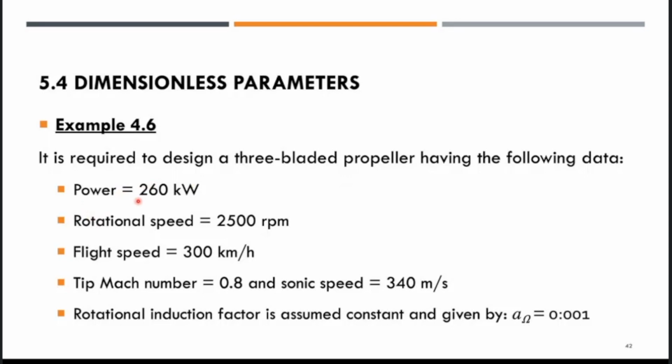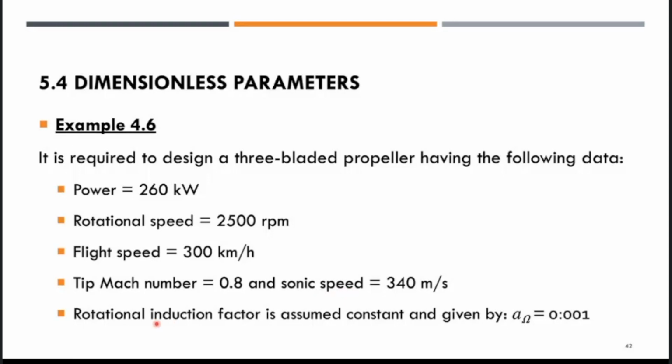Given the power is 260 kilowatt, we have rotational speed of 2,500 RPM, flight speed V equal to 300 km per hour, the tip Mach number is 0.8, and the sonic speed is 340 meter per second.